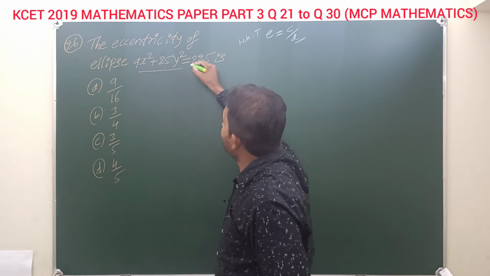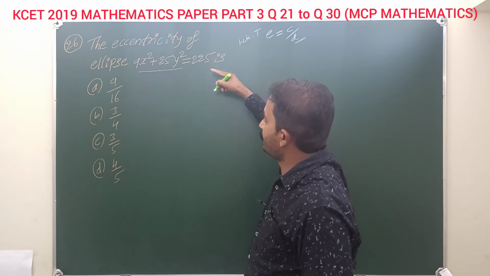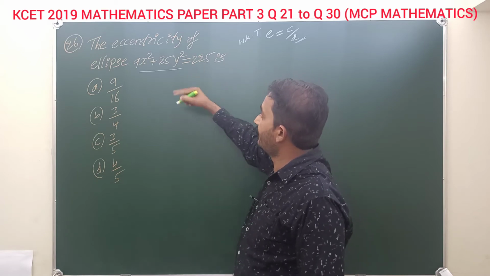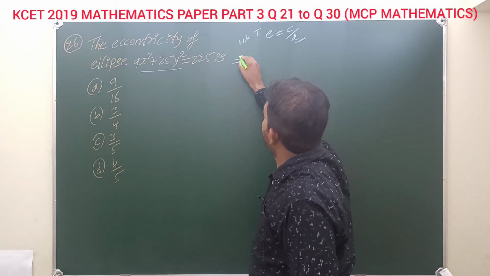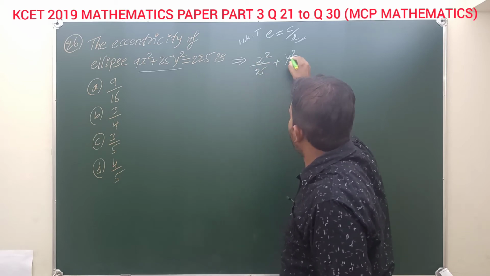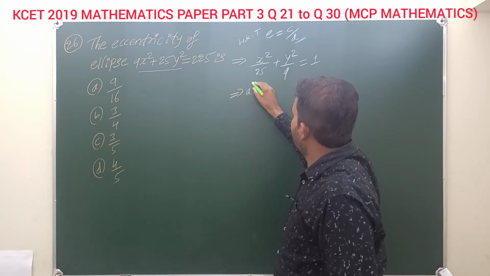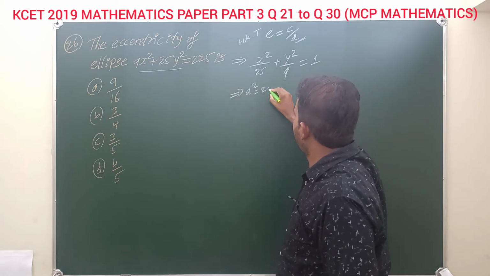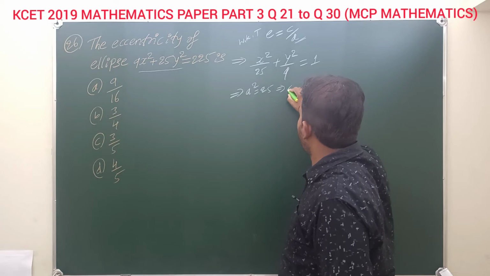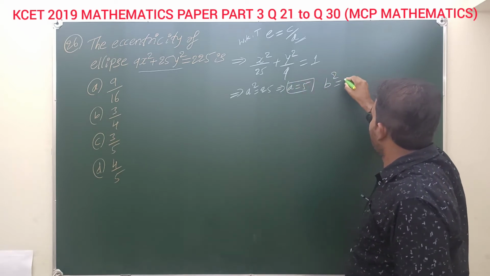Here the ellipse is given: 9x square plus 25y square is equal to 225. Dividing by 225 on both sides, it becomes x square by 25 plus y square by 9 is equal to 1. In this case a square is equal to 25, so a is 5, and b square is 9.